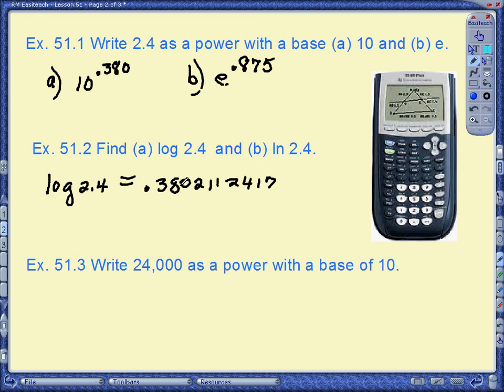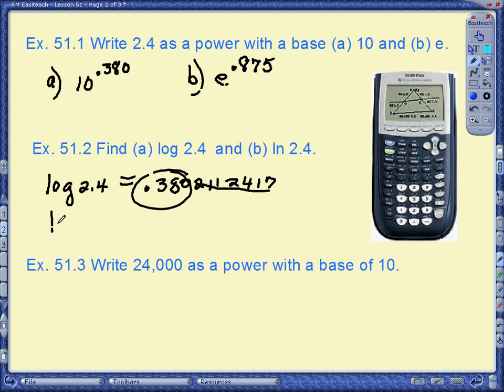You only have to go to 3 decimal places, so it is just what we have up here. This is the exponent that goes with the 10 we understand to be here to make it equal 2.4. So 10 to this power will equal 2.4.